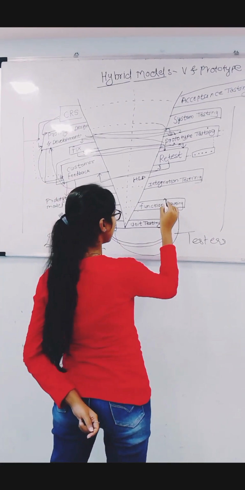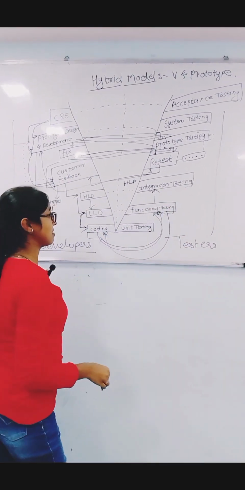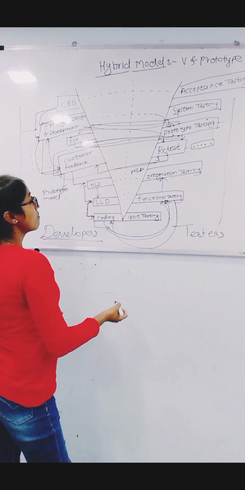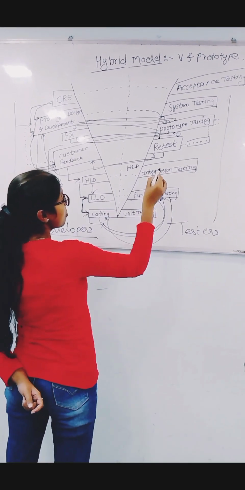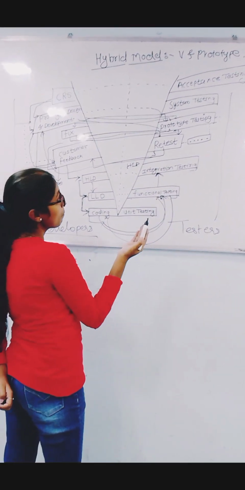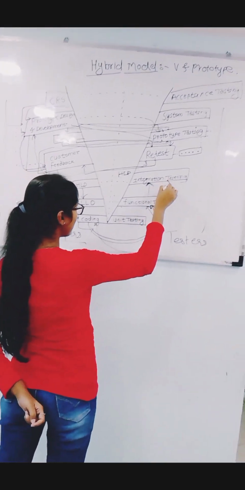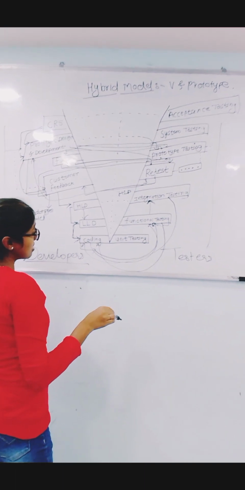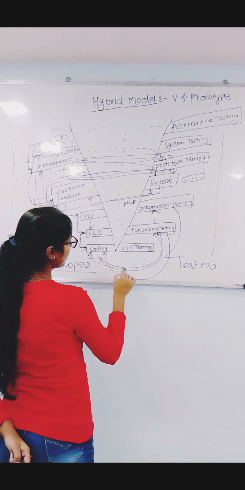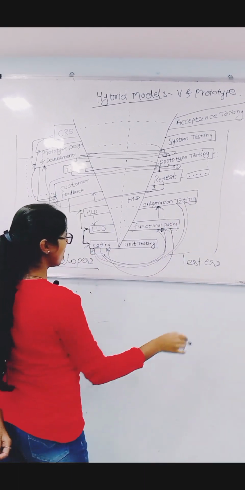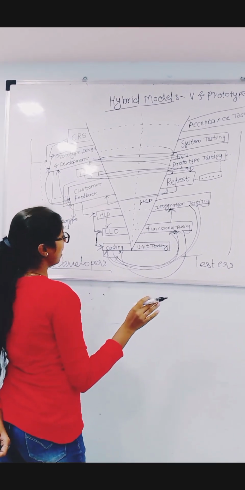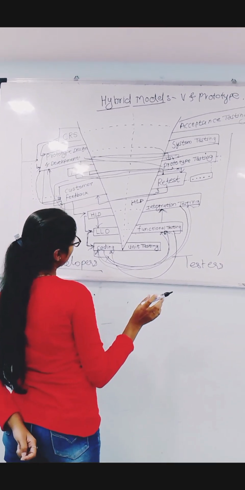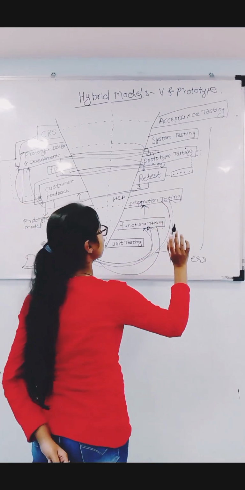After functional testing, we go for integration testing. Same process: in integration testing, the tester performs testing on the actual software. If they find any bug or defect, it is sent again to the developer. The developer will go and fix that defect. Again it is sent to integration testing. This process happens until the actual software becomes stable under the integration testing.